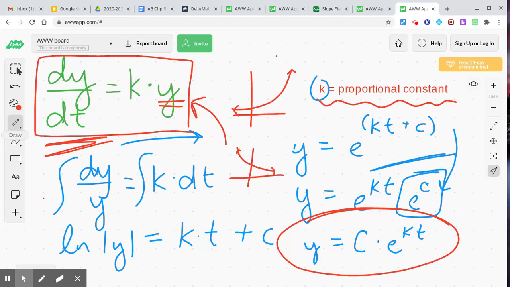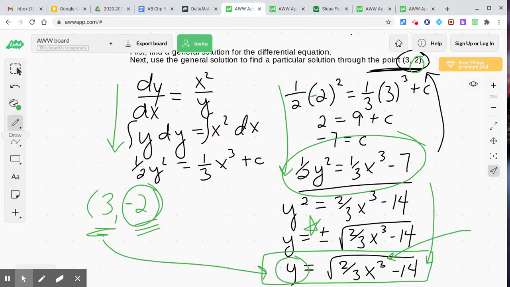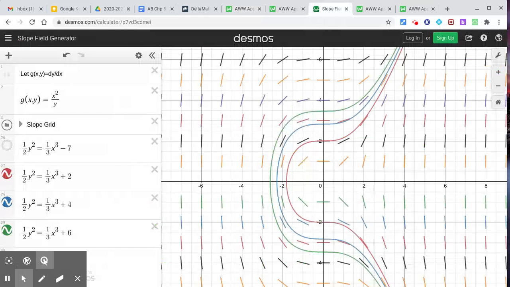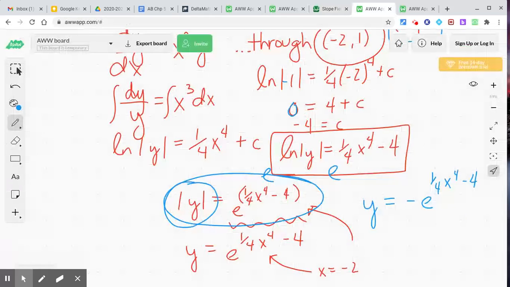So going back, where does that come from? This whole scene is enabled by the fact that we can separate variables to find general and particular solutions. We can look at them as in slope fields, right? And we can do that for all sorts of different examples, making sure that our final point, whatever the case may be, works, right?